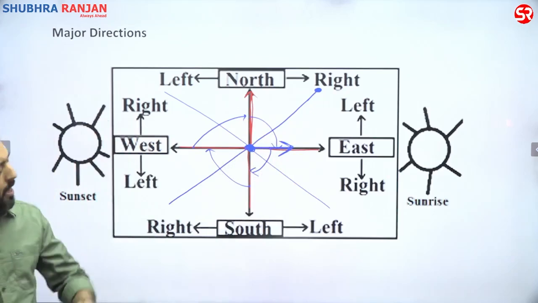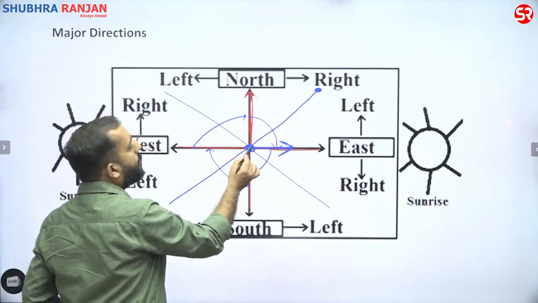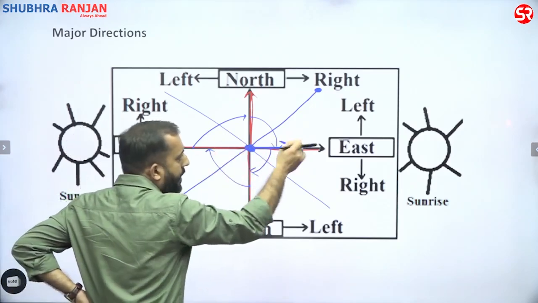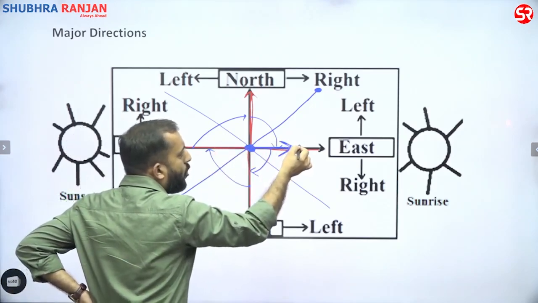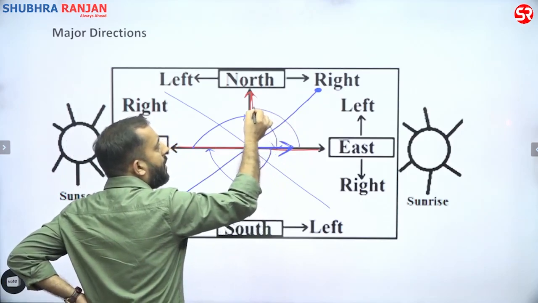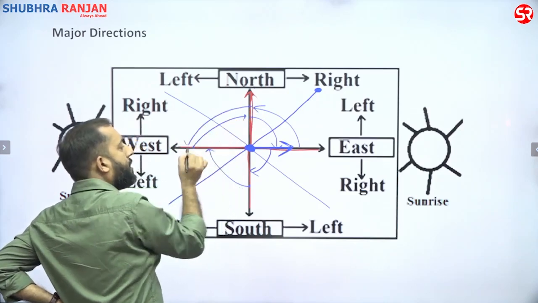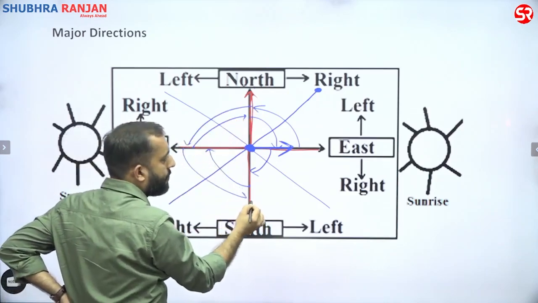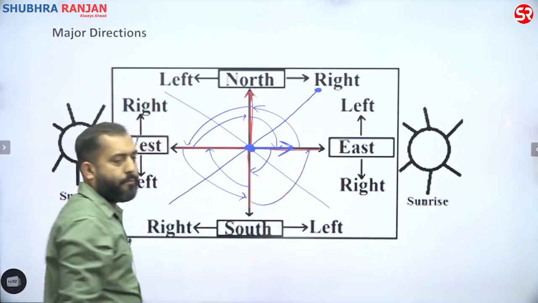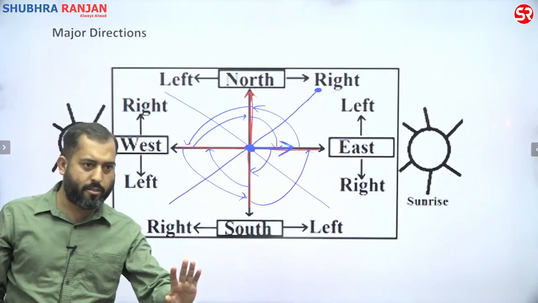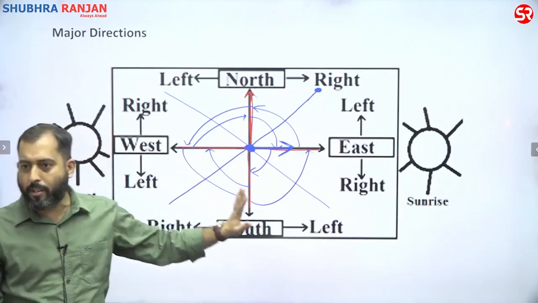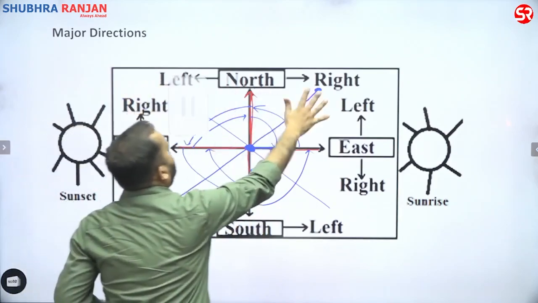Basic scenario. Similarly, from a particular point, if you are facing east and you go anti-clockwise, then first you will face north, then west, then south, and finally east again. Basic scenarios. I hope you all agree with this. Okay.